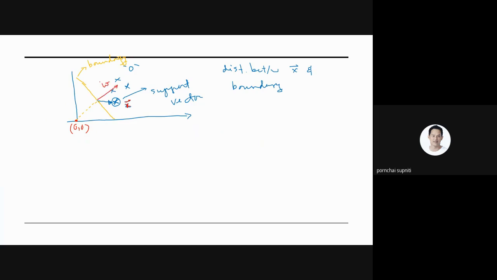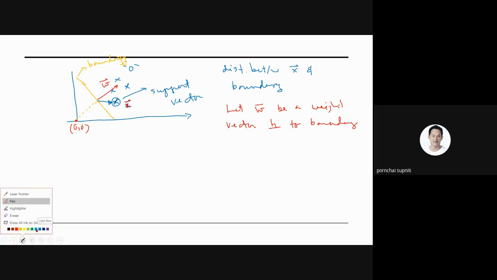Let's call it w. So let w be a weight vector that is perpendicular to the boundary. And the distance between x, which is the support vector, and the boundaries can be found by having a projection of x onto w.